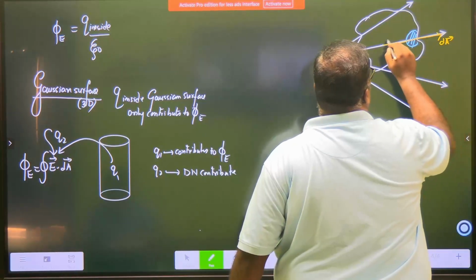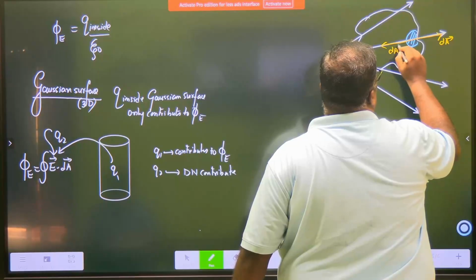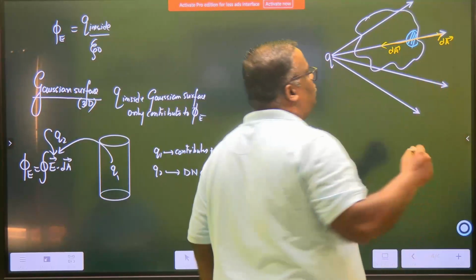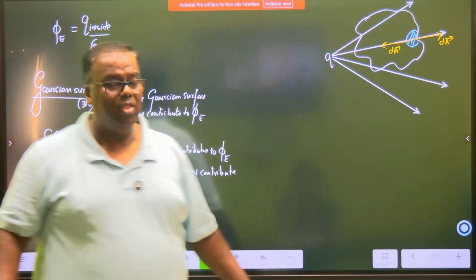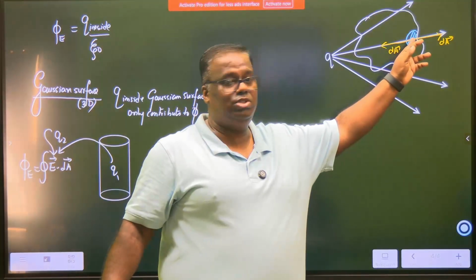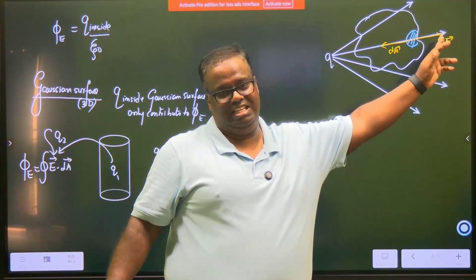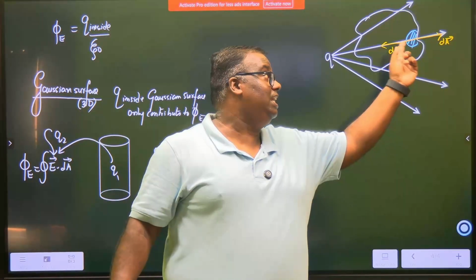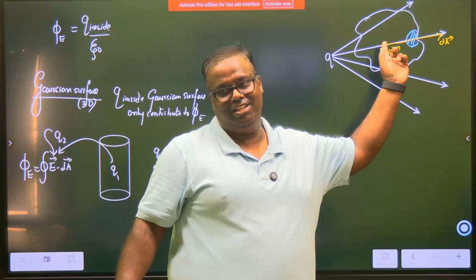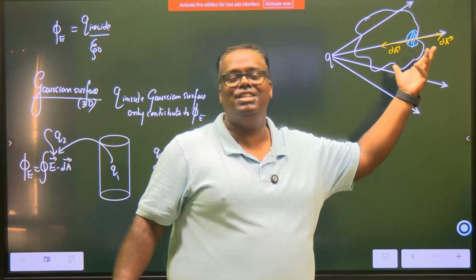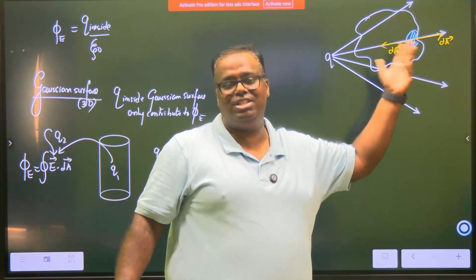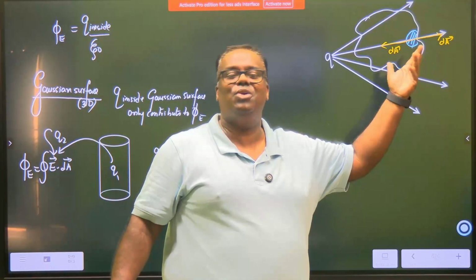There will also be an area vector on this side, right? Similarly, wherever it punctures, there will be 2 dA. What will be the flux associated with this? E dA cos 0, E dA cos 180. So they cancel each other, because there is no net charge inside. That's how you get 0.